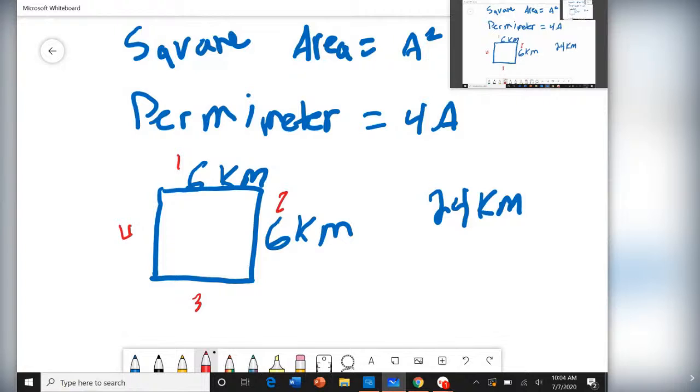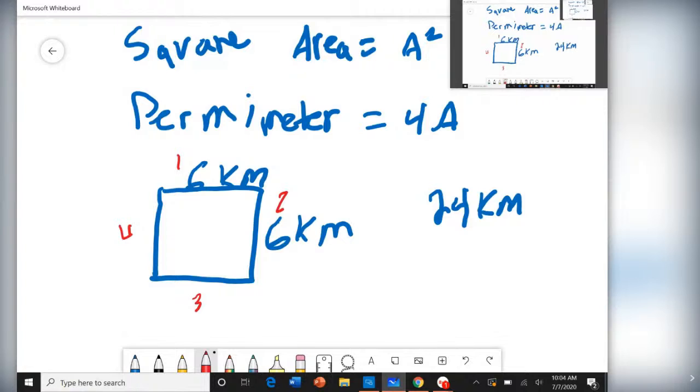Remember, in a square, they're all exactly the same. So on any square, that's how you would find the perimeter.